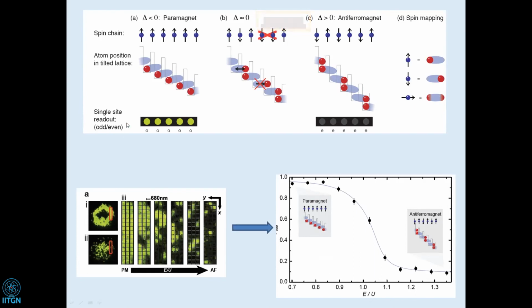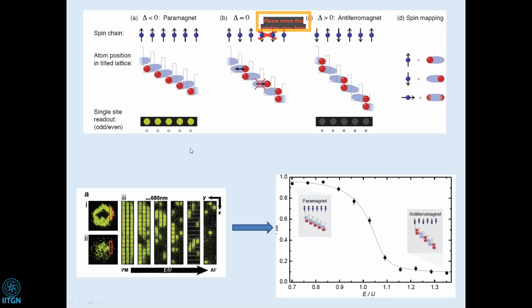Okay, so the point is that this is a much more direct validation of this model that we wrote down. But more importantly, it gives you a way of realizing an antiferromagnetic state, a symmetry broken state on an optical lattice.